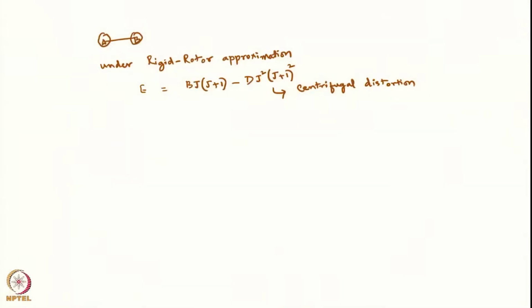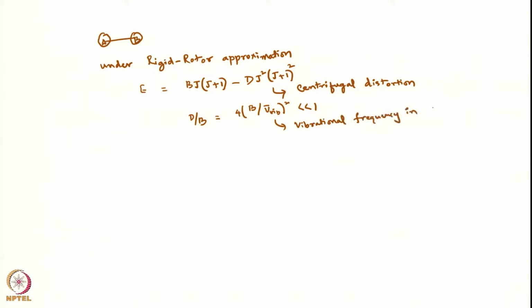For most of the molecules, D by B is equal to 4 times B divided by the vibrational frequency, whole square, and this is much less than 1.